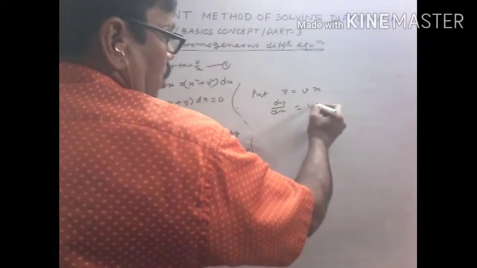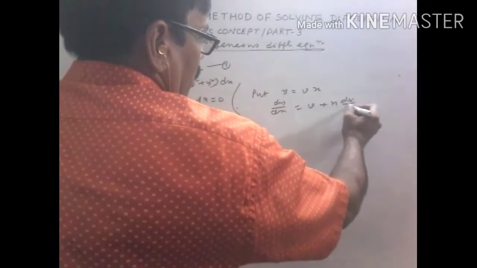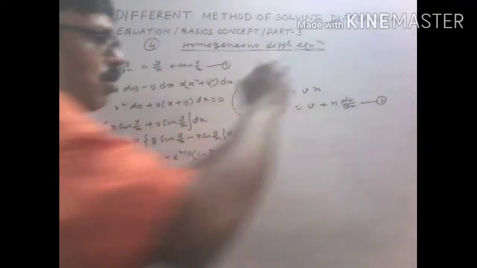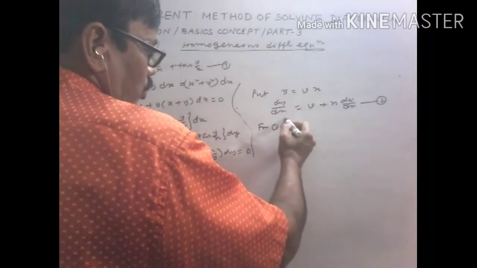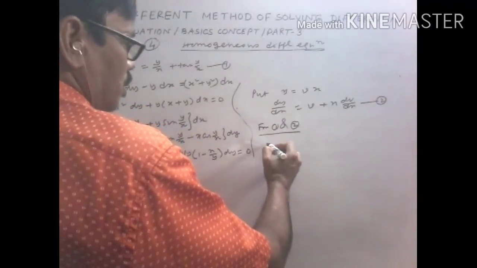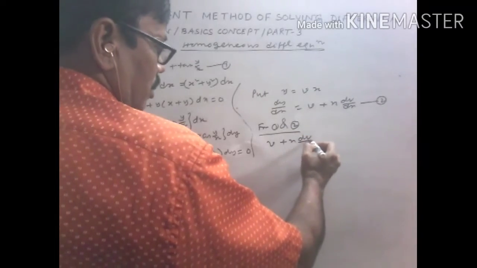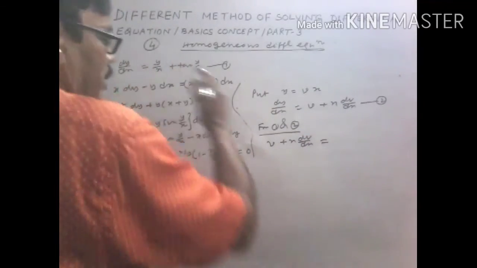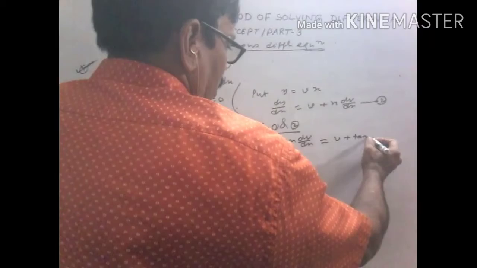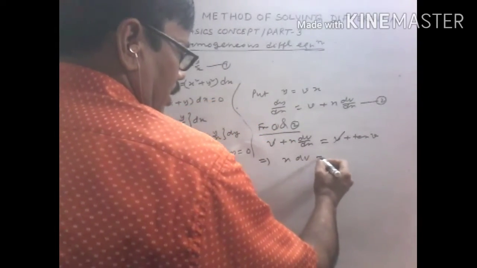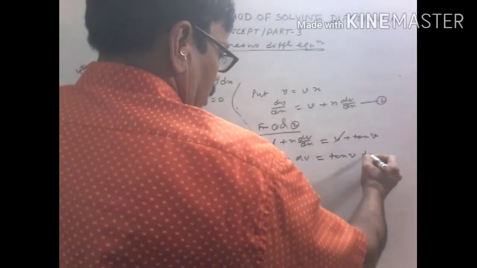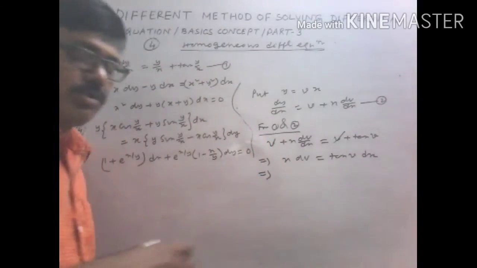Then differentiating with respect to x, dy/dx equals v plus x dv/dx, call it equation 1. So from 1 and 2, what is dy/dx? v plus x dv/dx. So y/x is v, this is tan v. So v cancels, so x dv equals tan v dx.